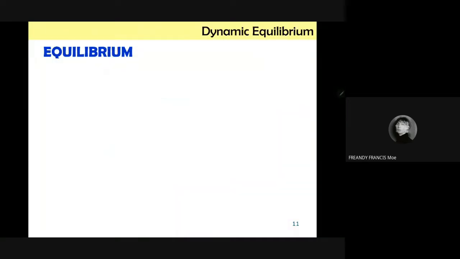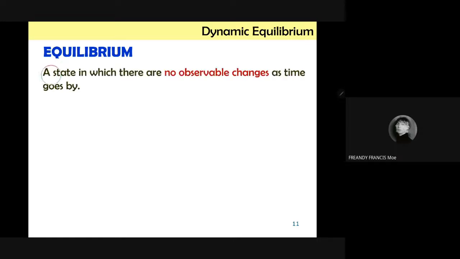Okay, so let's have a look at equilibrium. Equilibrium tu by definition, it is a state in which there are no observable changes as time goes by. Okay, so ini in terms of concentration or pressure, if gas.